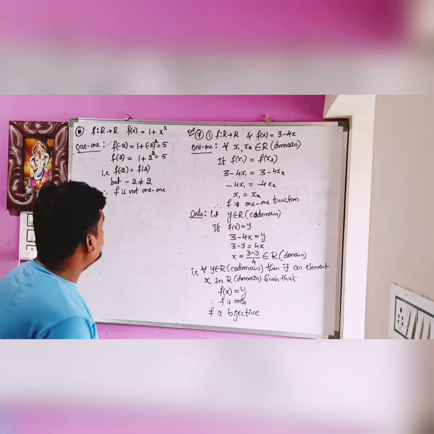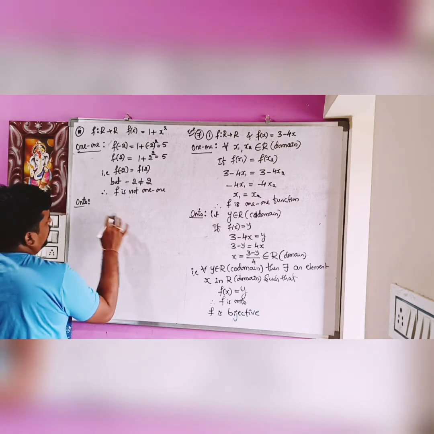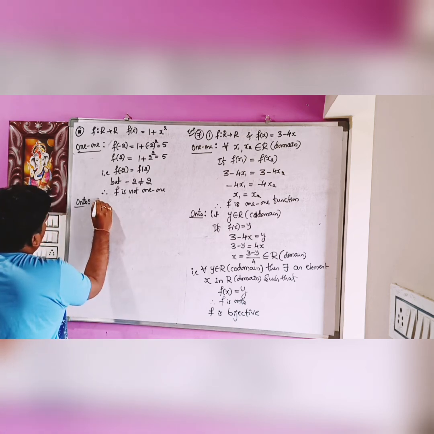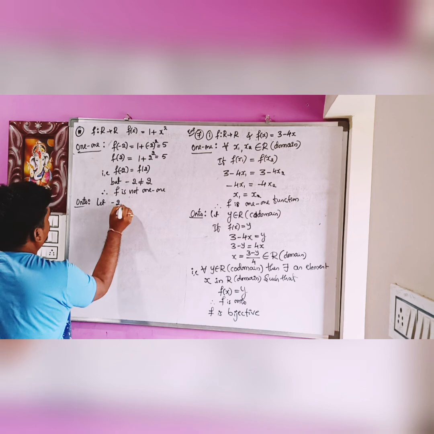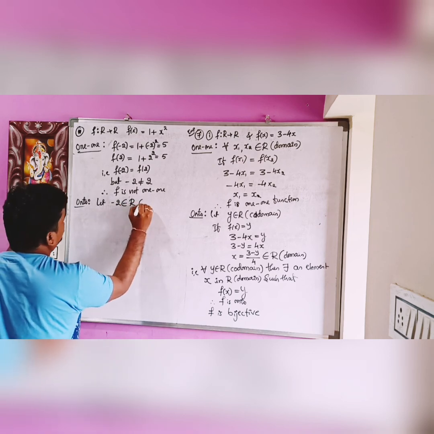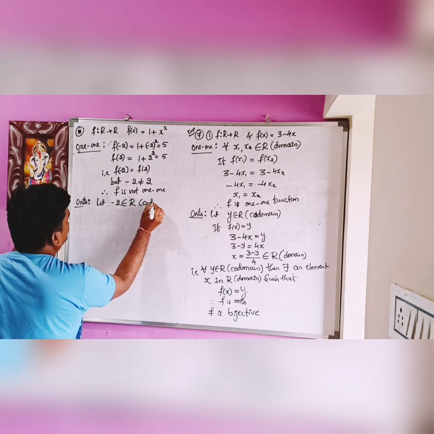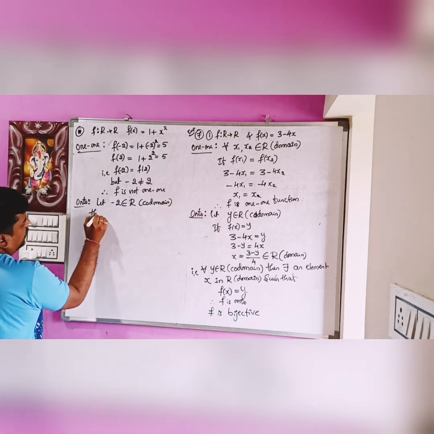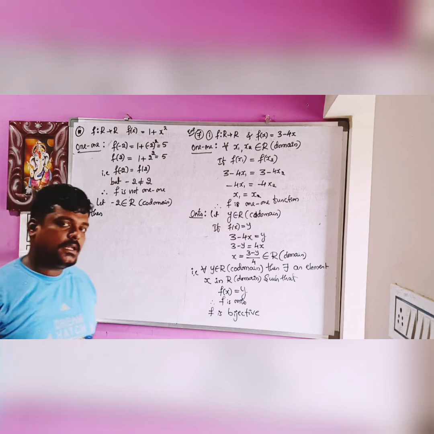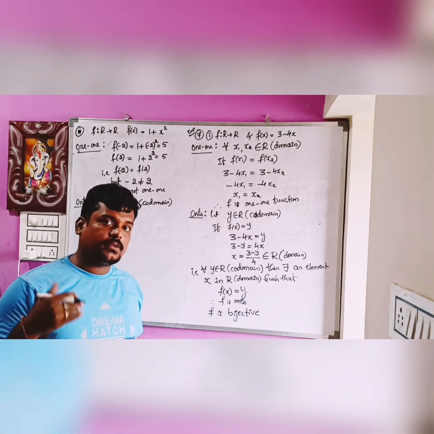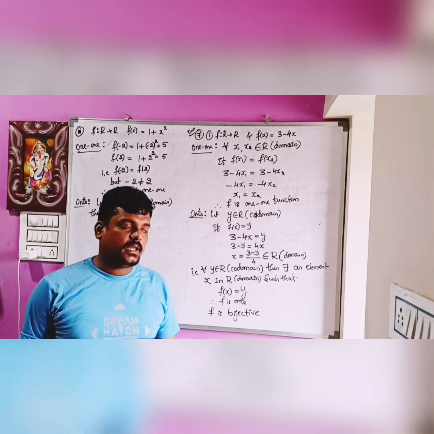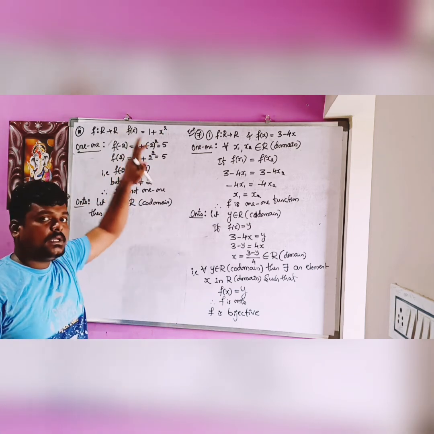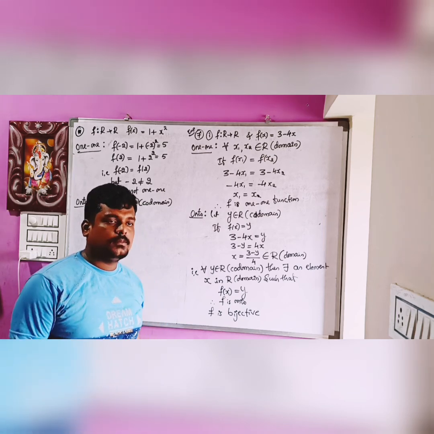Next, for the onto case. If I take a negative real number, minus 2 belongs to the real numbers, that is the codomain, then there does not exist, because we are not getting negative real numbers from a square plus 1. Square means it is always positive. But the codomain also has the negative real numbers.